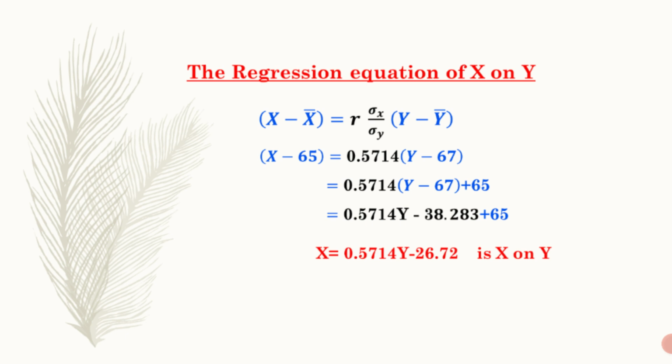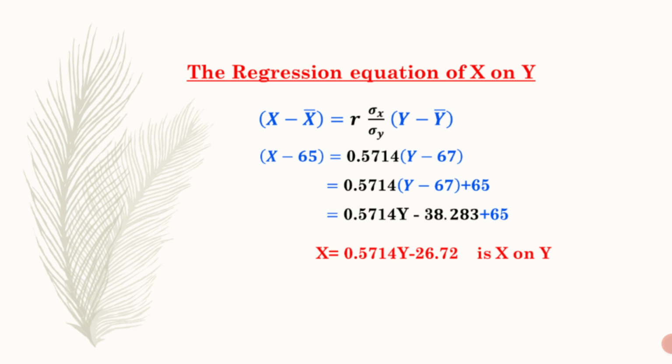Finally, multiplying 0.5714 into y minus 67, and taking the minus 65 from the left-hand side to the right-hand side, we get plus 65. After simplification, we get 0.5714 y minus, multiplying 67 into 0.5714, we get minus 38.283, then plus 65.